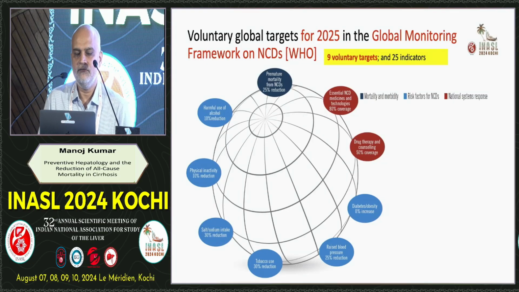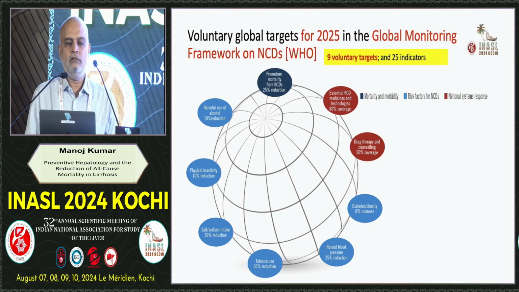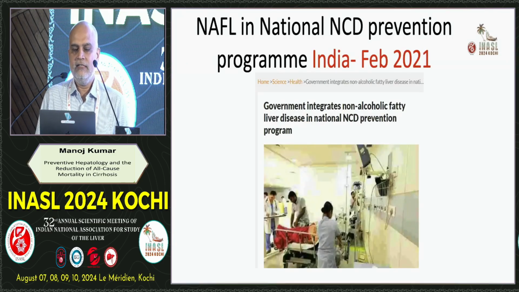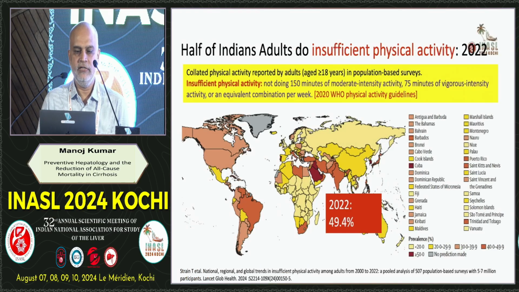As far as NAFLD is concerned, voluntary global targets for 2025 have been set by WHO. There are 9 voluntary targets and 25 indicators, including areas like alcohol, physical inactivity, sodium, tobacco, and so on. NAFLD was recently included in the non-communicable diseases prevention program in February 2021, but the data is very dismal.